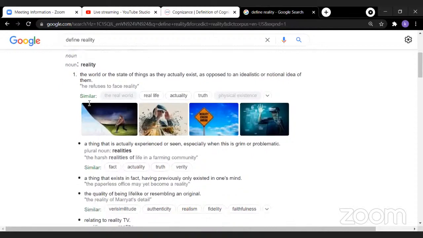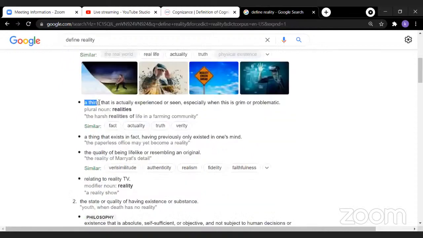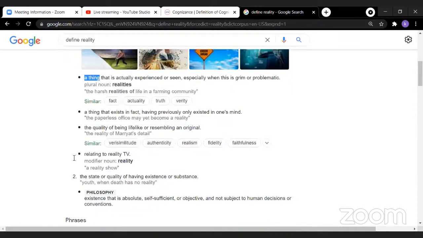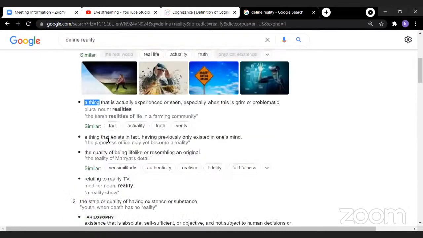Next, a thing that is actually experienced or seen, especially when this is grim or problematic. That's a negative definition. So I'm trying to get to the part where it says reality are those things that exist that you can experience with your senses. In other words, reality is concrete.